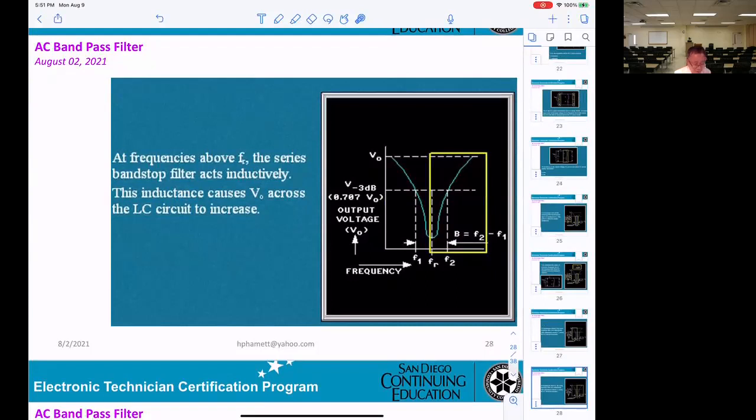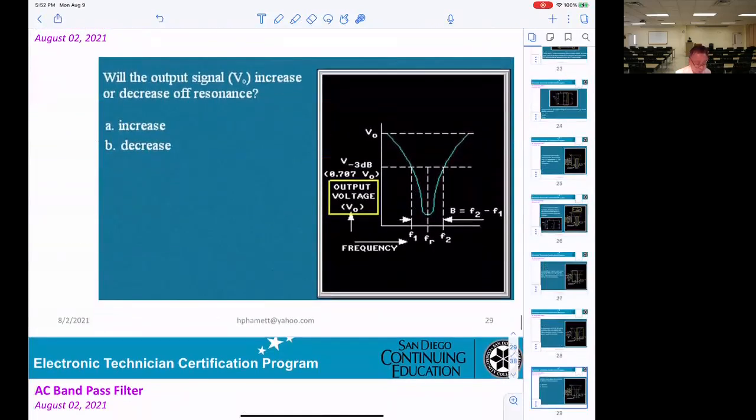They're talking about the frequency above or below the resonant frequency. Will the output signal increase or decrease from resonance?